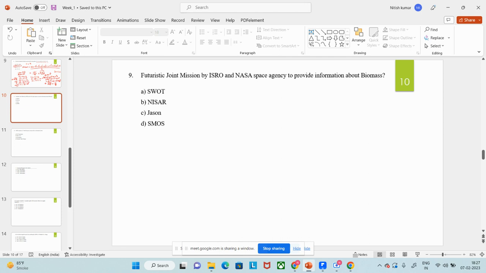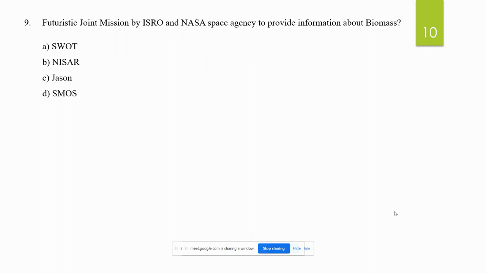This is NISAR. If you have seen the news recently, if you are following this field, you would have seen that the payload has gone up from NASA and will reach India soon.